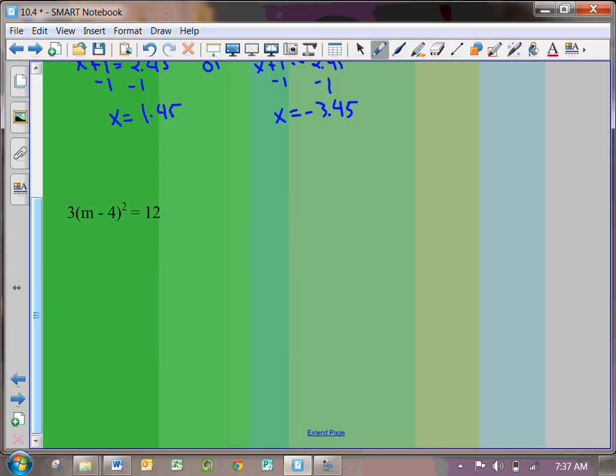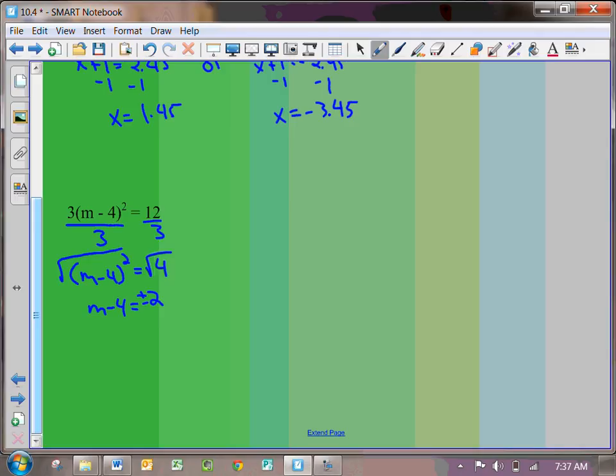All right, so first thing you have to do, like on the top one, divide by 3. So m minus 4 squared equals 4. We're going to square root both sides. So m minus 4 equals 2. Remember, positive and negative 2.